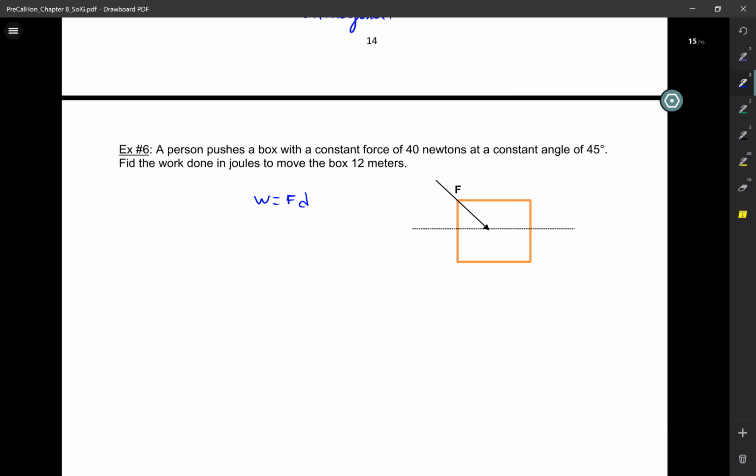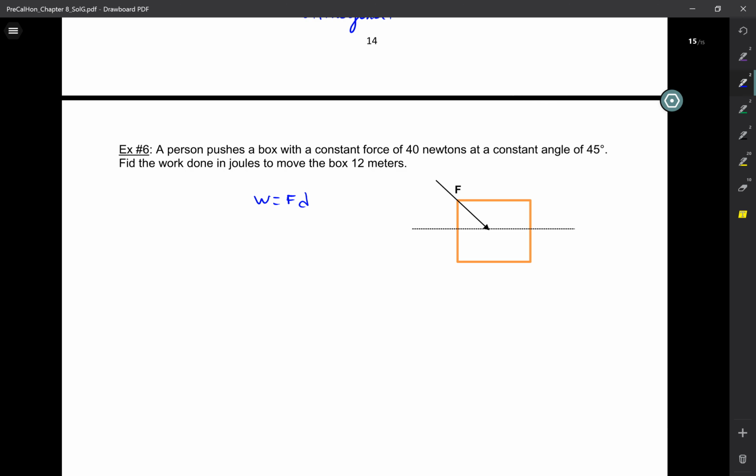In order for you to be doing work, the force needs to be applied in the same direction as the motion. So if you want to push a box horizontally, then the force needs to be applied horizontally in order for you to be doing work. If the force and the motion are not in the same direction, there is no work. You can push on something until you're blue in the face and you've got perspiration, but if there is no motion, then there is zero work being done.